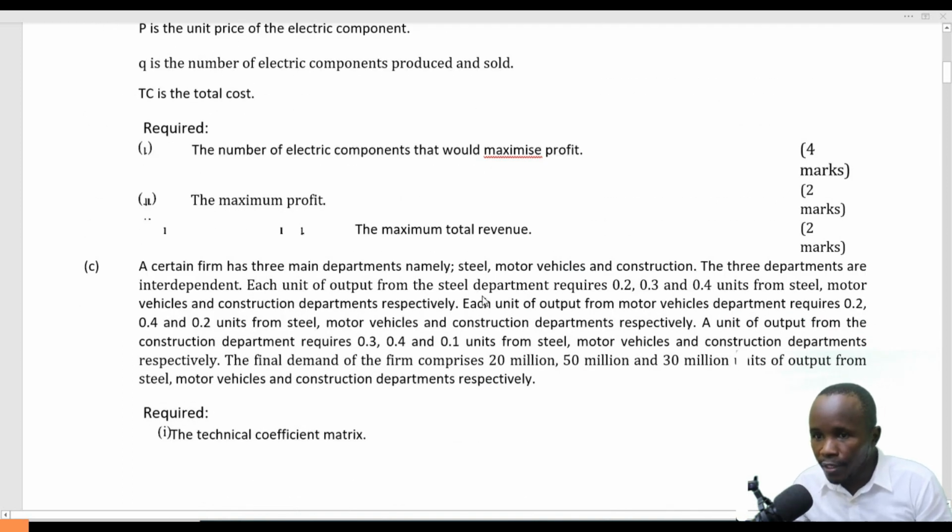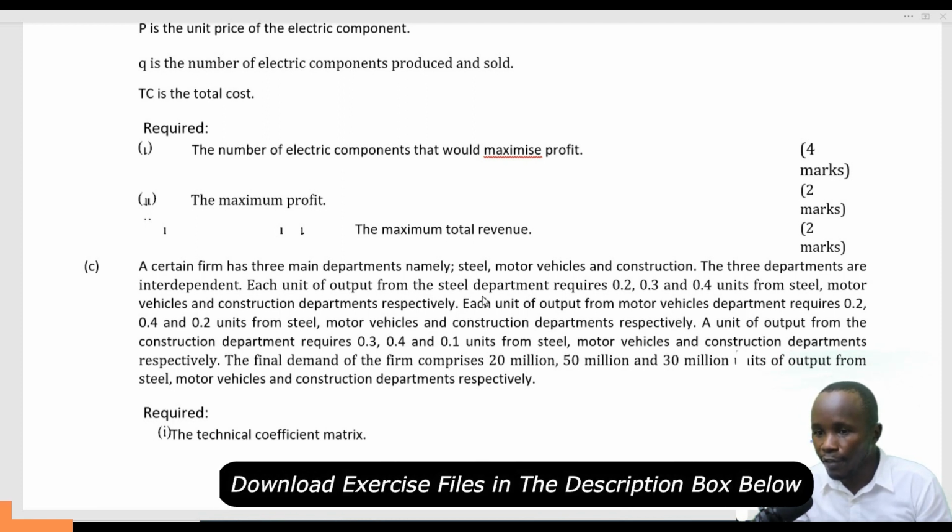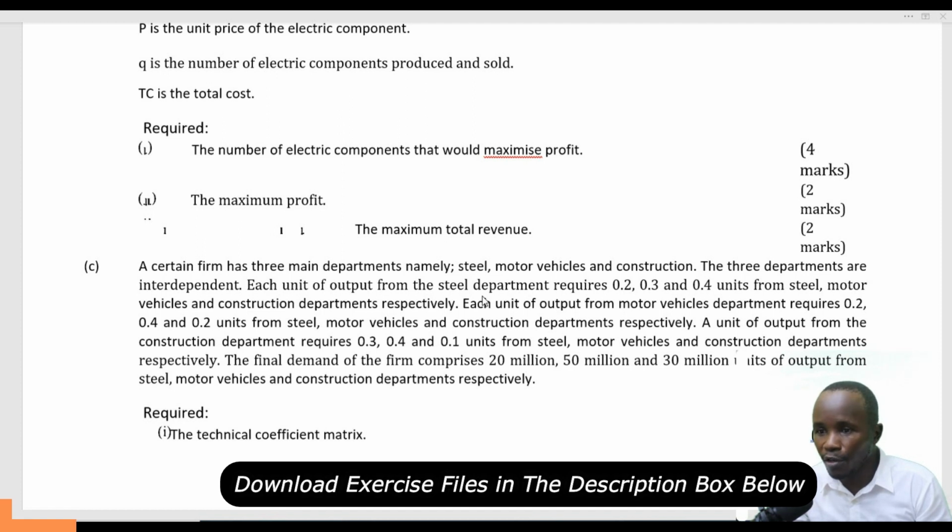The question reads: a certain firm has three main departments, namely steel, motor vehicle, and construction. The three departments are interdependent. Each unit of output from the steel department requires 0.2, 0.3, and 0.4 units from steel, motor vehicle, and construction department respectively.